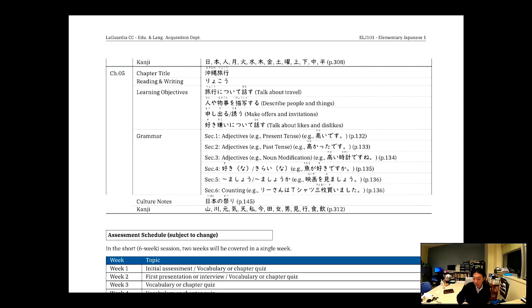We talk about kanji, but you're not going to be assessed on it. You just need to know a little bit about kanji, but you're not required to read and write until the next level. So we'll cover up to chapter 5, but we are going to skip kanji.